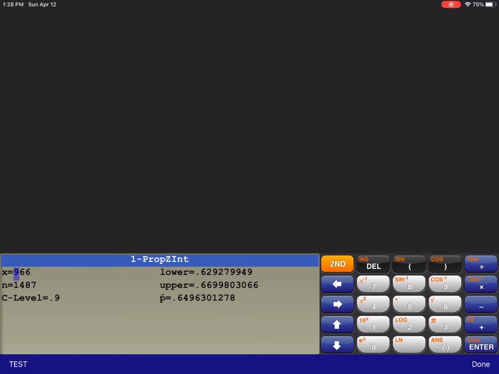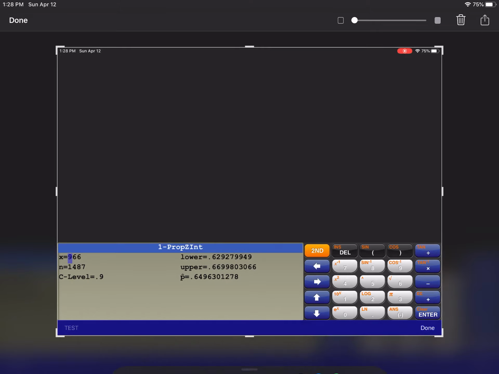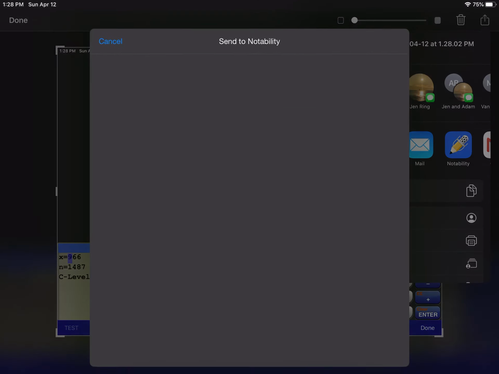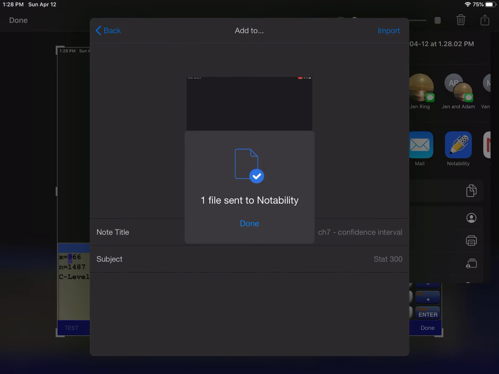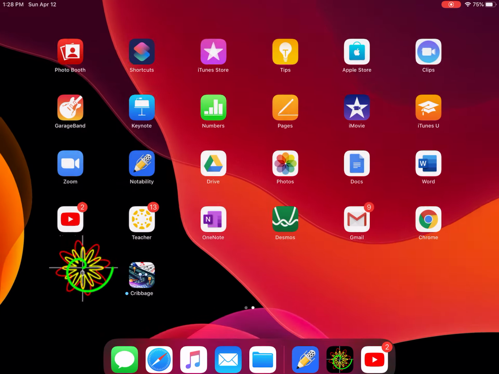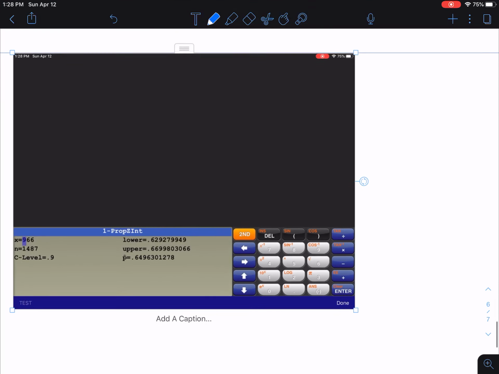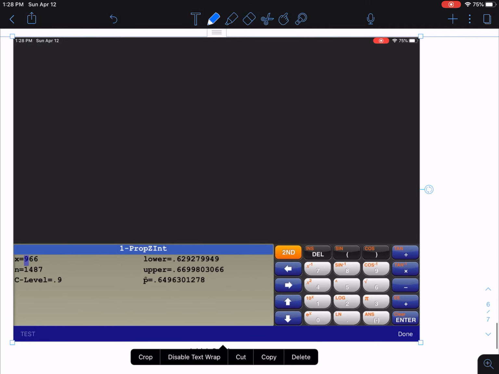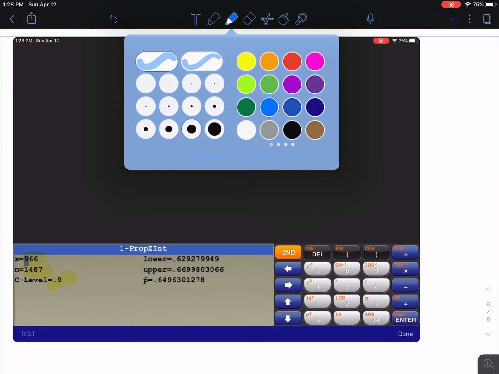Let me just screenshot this and add that to the notes. On your calculator it's going to be slightly different, but you still need to put in the x, the n, and the confidence level, and when you hit calculate, it'll give you this here.